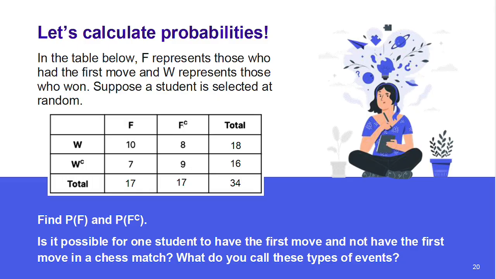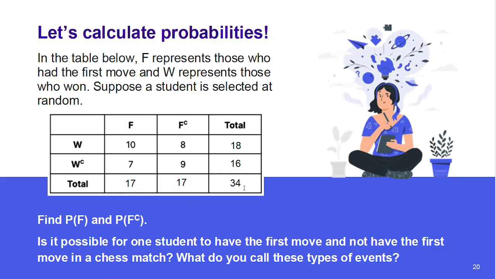Ones who did not have the first move and won were 8, and so the total who won were 18. The total who moved first was 17 because we had 7 that moved first but didn't win. And then we had 9 that did not move first and did not win, and that was a total of 16. So you can kind of see how a contingency table works.